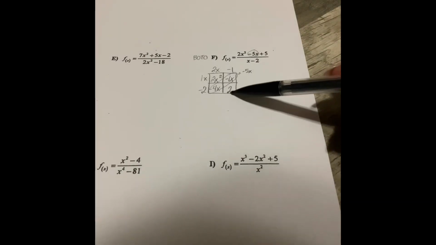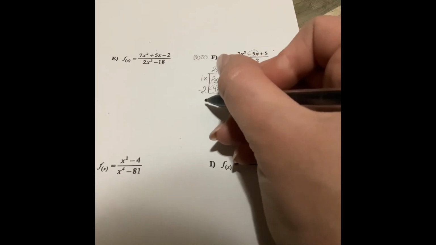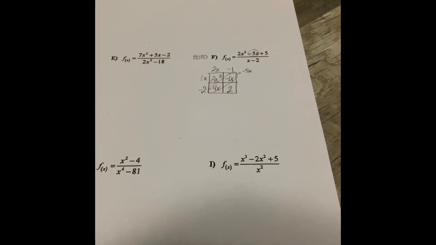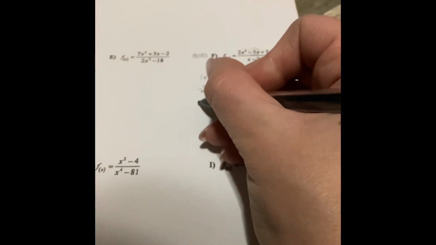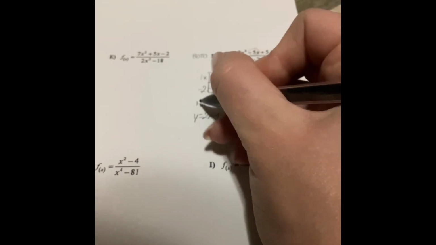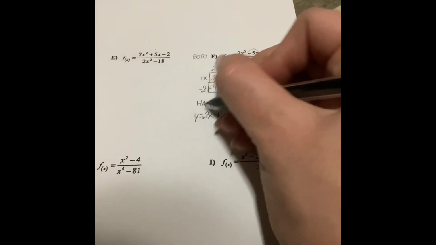Now here's where you run into the remainder. We wanted 5, but we got 2. So we would need to add 3 to get there. So my asymptote, and actually, we don't even have to worry about the remainder because it just wants the asymptote. So our horizontal asymptote is going to happen at y equals 2x minus 1. And this is technically a linear asymptote, but I'm okay as long as you know where it's coming from.